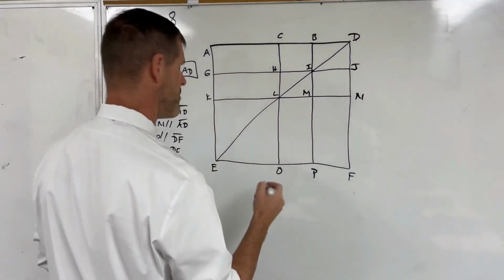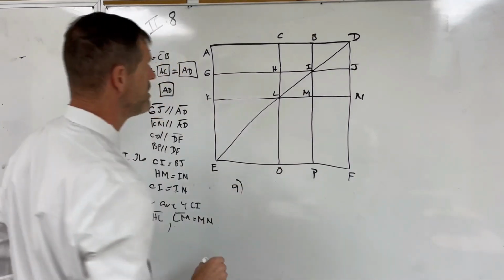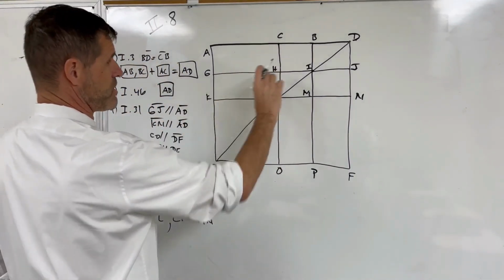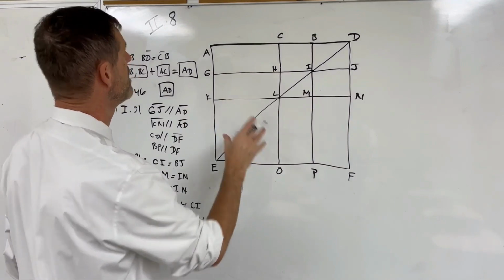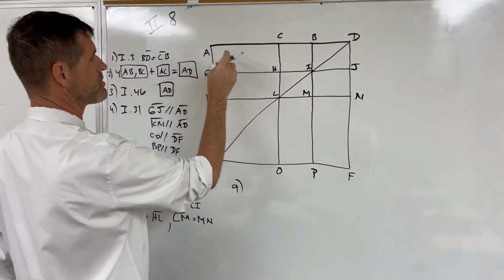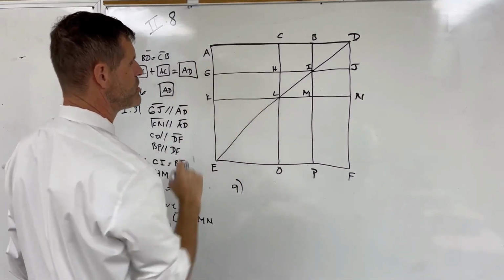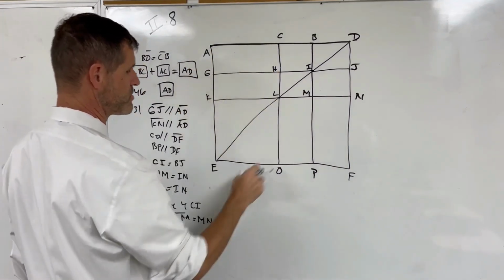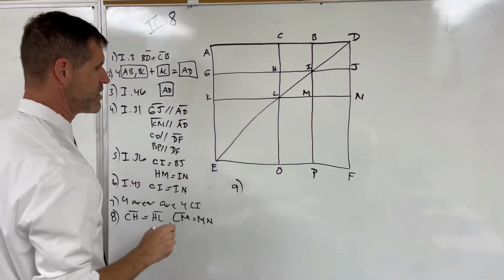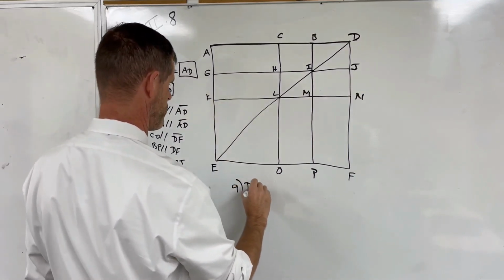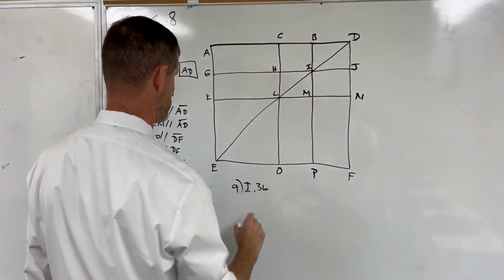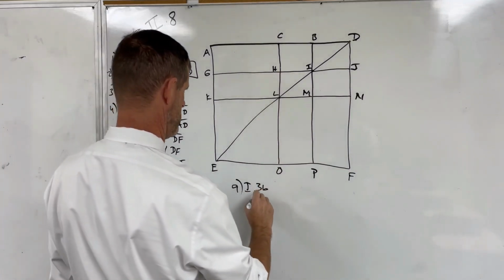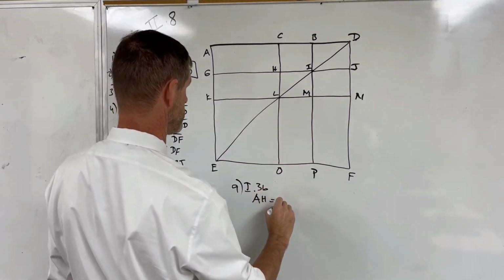Now, step 9, since CH and HL are equal bases on which the rectangles AH and GL stand, and they're in the same parallels, namely AE and CO, then AH is equal to GL. That's proposition 36. So AH equals GL.